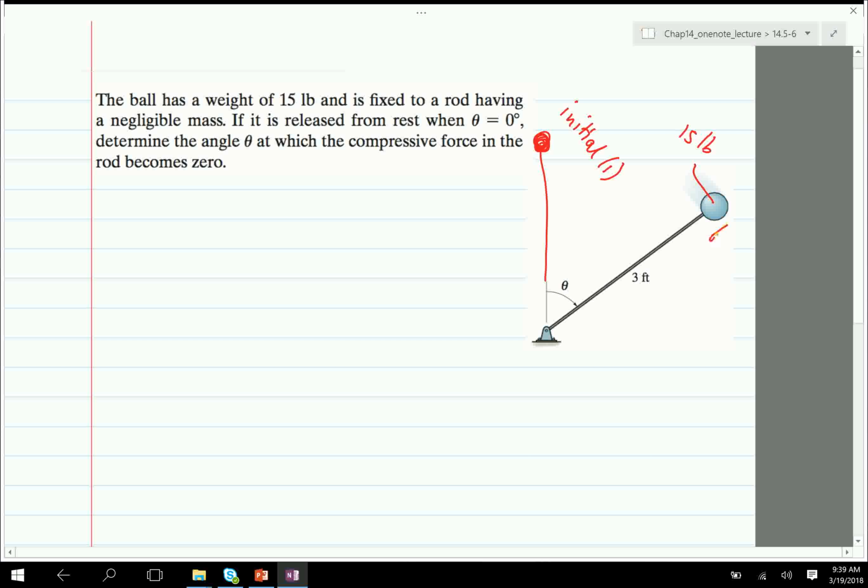So let's call this the final position, or the position where we want to find the force, when the force in the rod becomes 0. So clearly there's going to be a force. We want to find theta such that the force is 0.